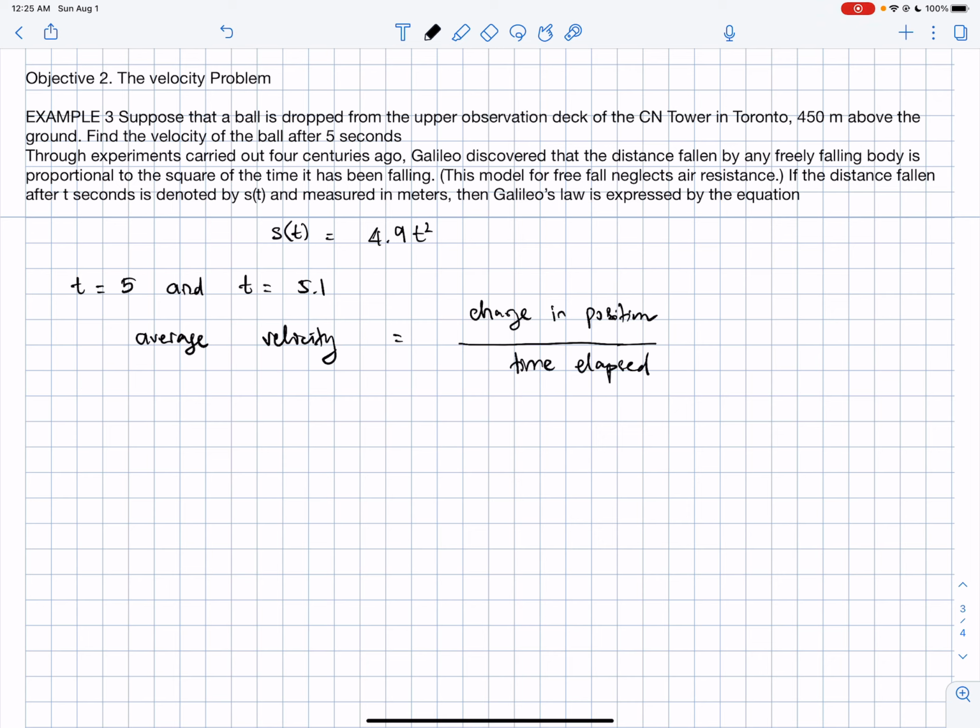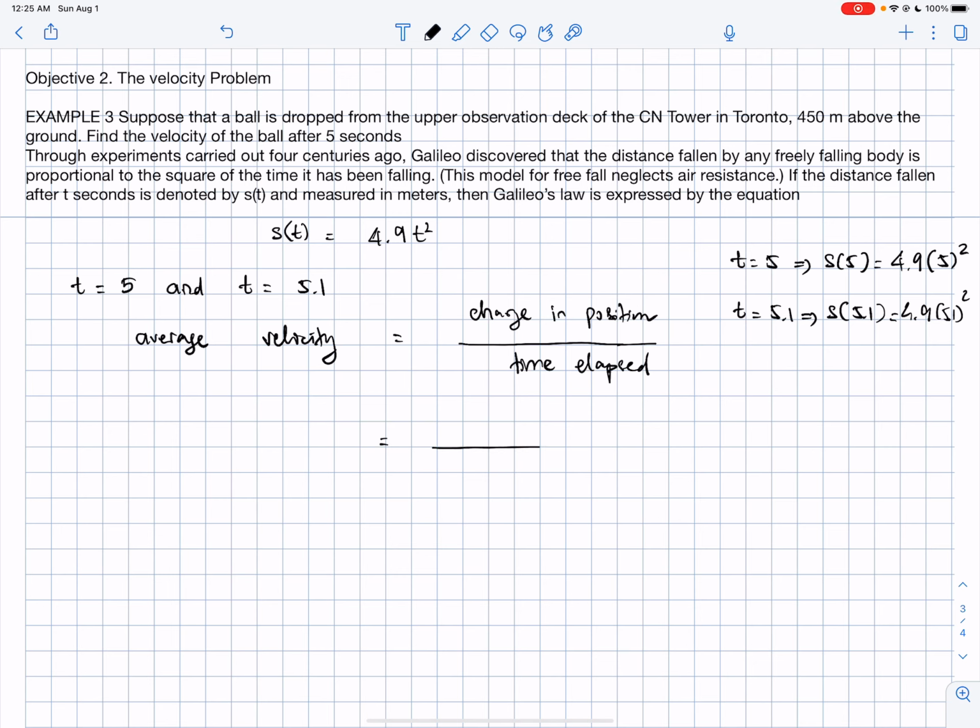So now let's calculate the change in position. If t = 5, then s(5) = 4.9 times 5 squared. And if t = 5.1, then s(5.1) is 4.9 times 5.1 squared.